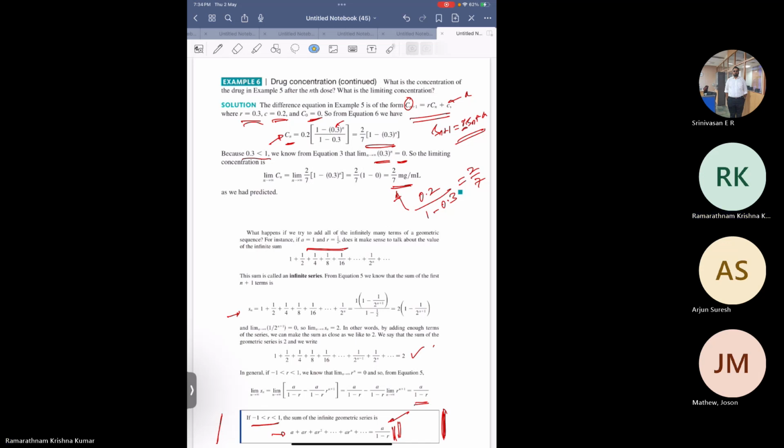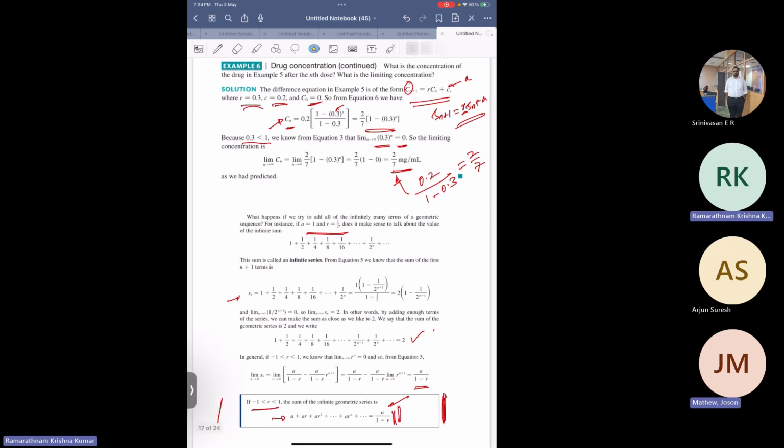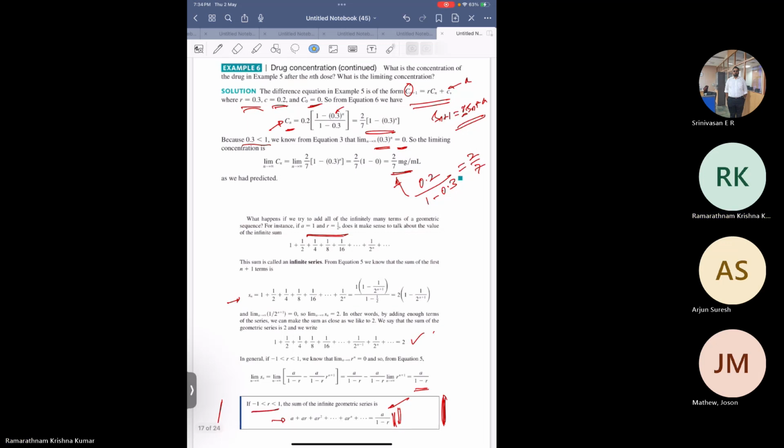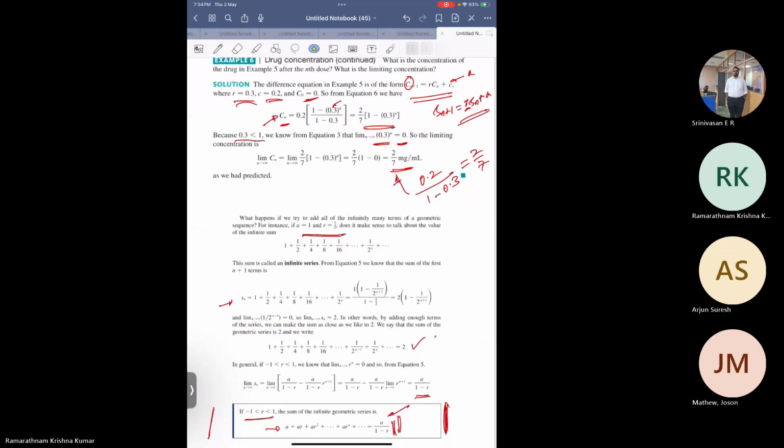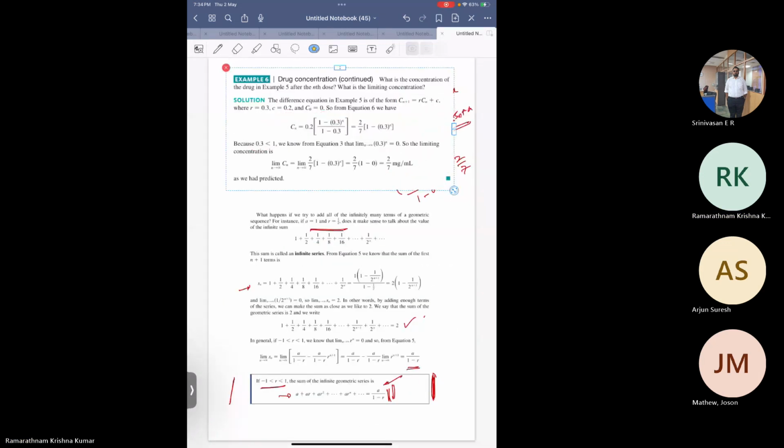So note that this formula is for infinite series. If I now want to use it for n, I can't use this formula. Understood? This is for n infinity. If it is not infinity, a number like the fourth day, then I have to use this first step.